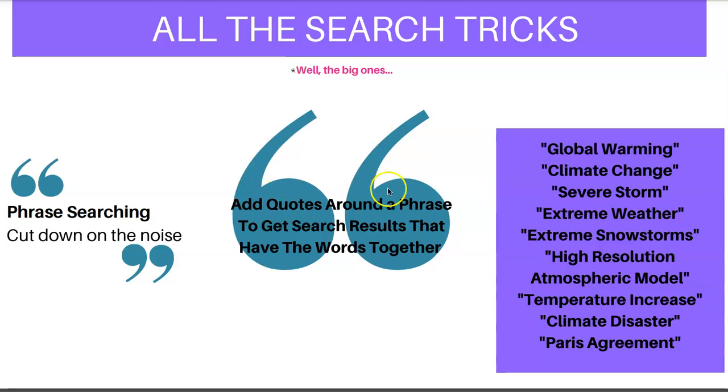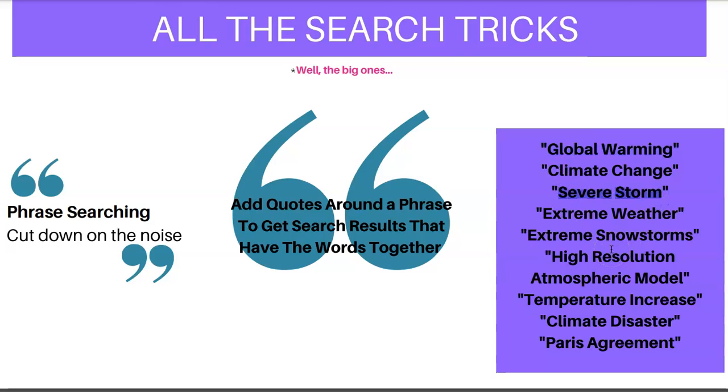This also saves you a lot of time, and it uncovers things you need to find quickly. Phrase searching sometimes cuts down on the noise. There's little value in having global warming in the first paragraph and global in the first paragraph and warming in the last paragraph. You want to search them together where they're used in research or in the topic together. To make sure that happens, and this works in the databases as well as Google, Google Advanced, and Google Scholar, put it in quotes.